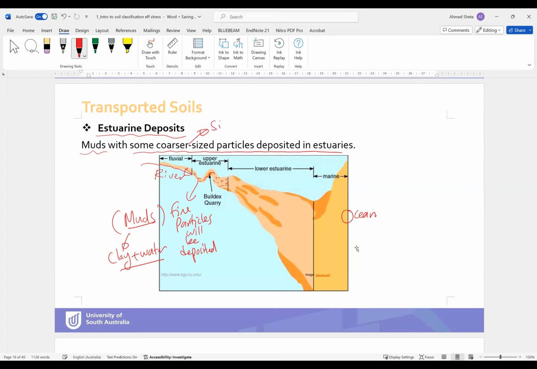Coarser size indicates sand, because sand is coarse compared to the clay, but not as coarse as the gravel. Okay, what is estuarine? I will show you in just a second.